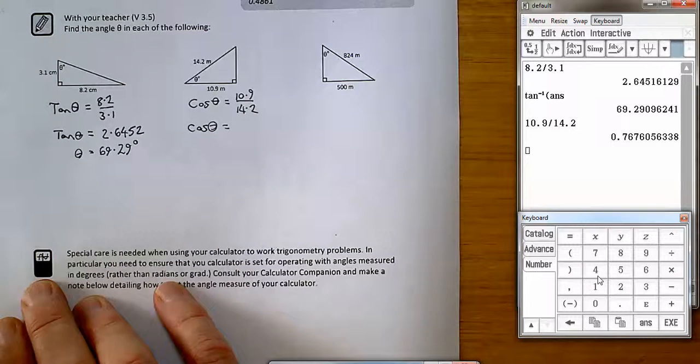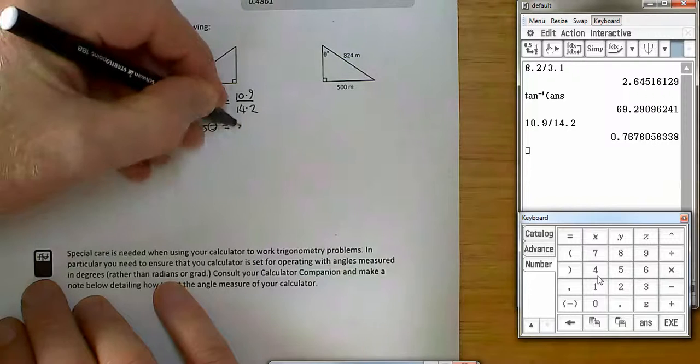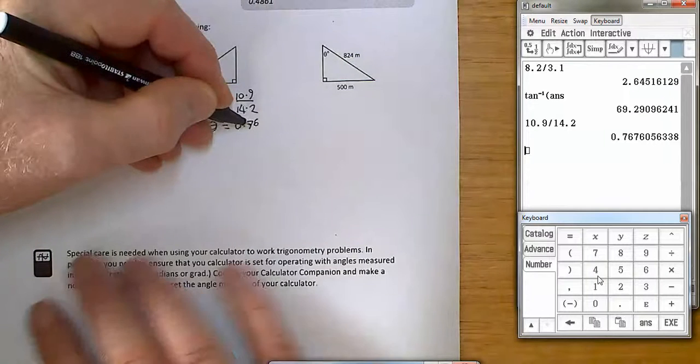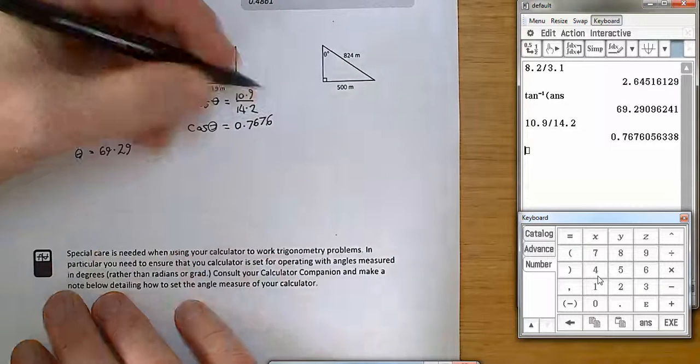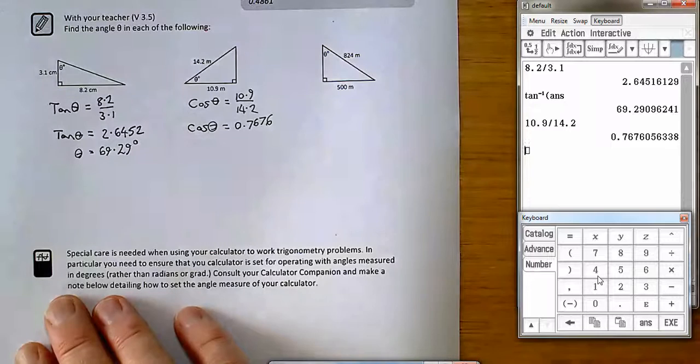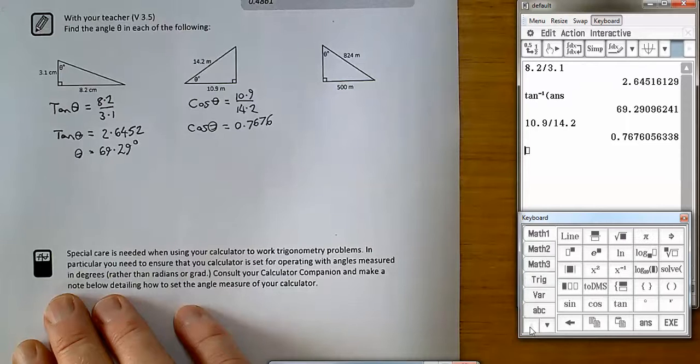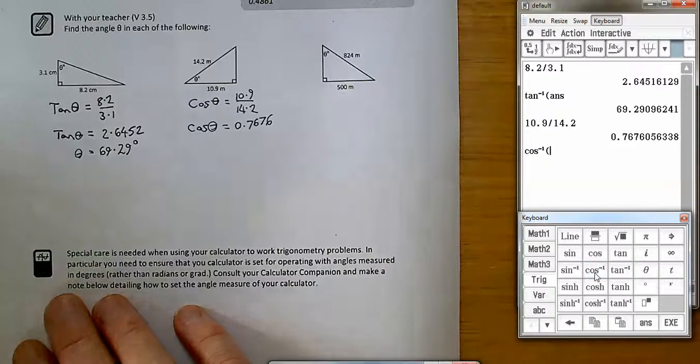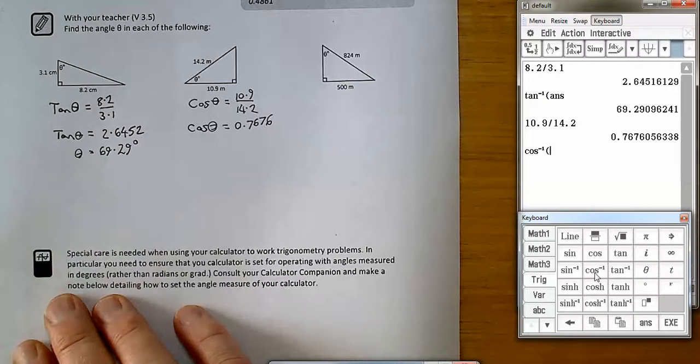And we get cos of theta equals 0.7676. I want to know the angle that's got a cos value of 0.7676, so I use the inverse cos on my calculator. The inverse cos, cos to the minus 1, of my previous answer.